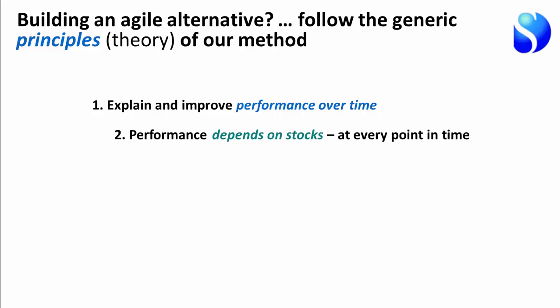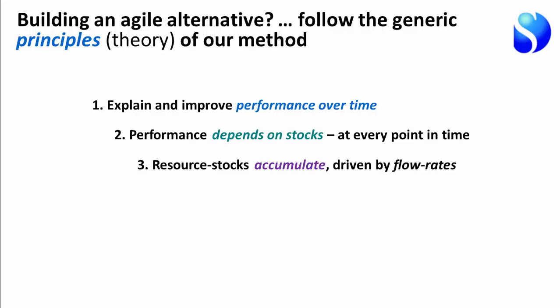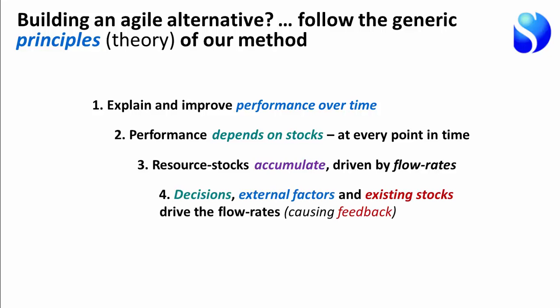The second principle is that at any point in time, performance of the system depends on the quantities of the stocks. That is, we freeze time, performance stays the same. Freeze the stocks, performance stays the same. Those stocks accumulate, driven by flow rates, and decisions, external factors, and the values of existing stocks drive those flow rates.